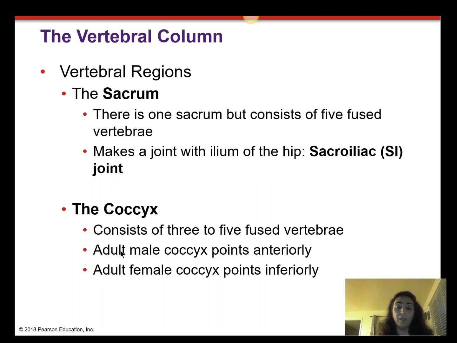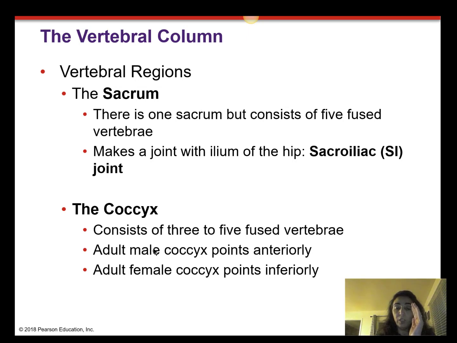Coccyx can be a good point of recognition because, as we said, the whole sacrum and coccyx are concave toward the anterior, right? But this last part, the coccyx, if it is a male, points anteriorly like this. And that one makes this cavity of the pelvis in front of it more closed, right?